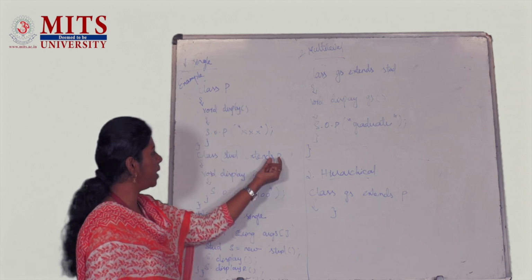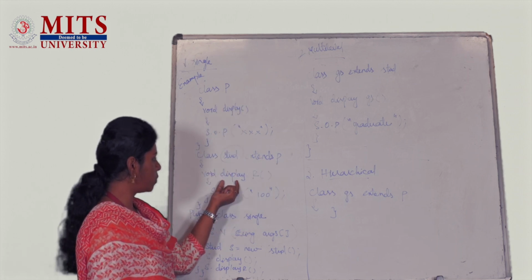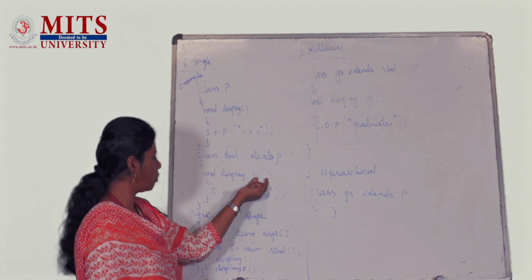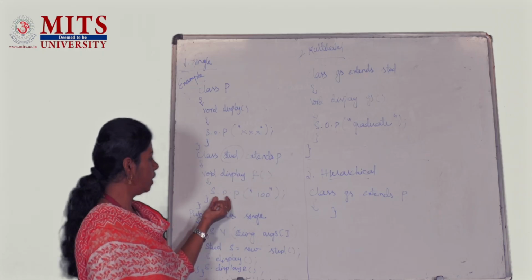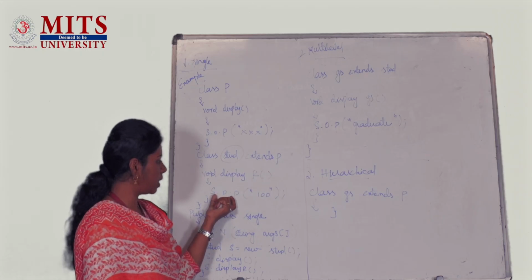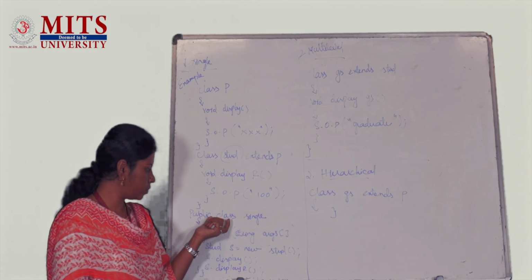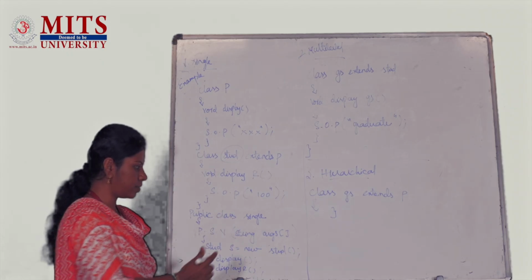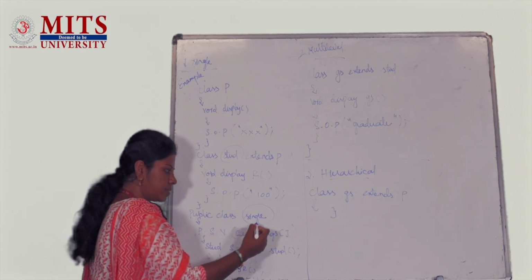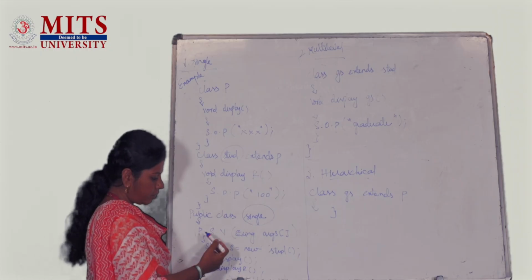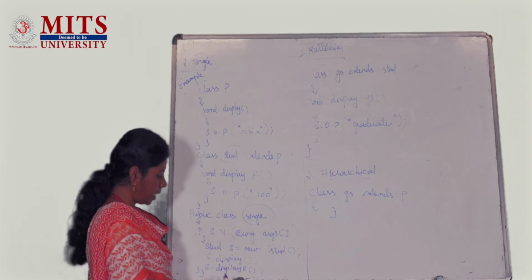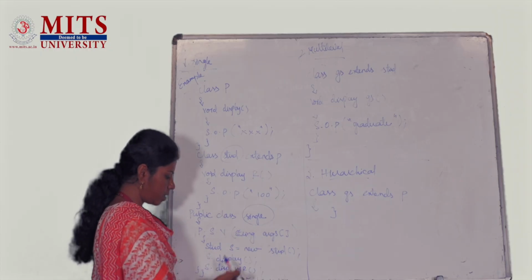This is our main class P. Here also I have used one more method, void display of roll number. Within this I have written an output statement as 100. Then we have to use our main class name, that is single. Then we have to declare the main method, public static void main of String args.